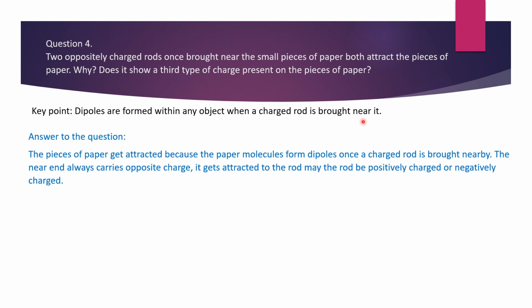So, answer to the question is, the pieces of paper get attracted because paper molecules form dipoles once a charged rod is brought nearby. The near end always carries opposite charge. It gets attracted to the rod, may the rod be positively charged or negatively charged. There is no concept of a third type of charge known or discovered so far.